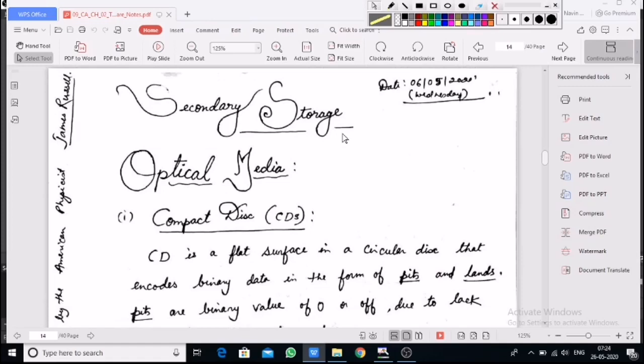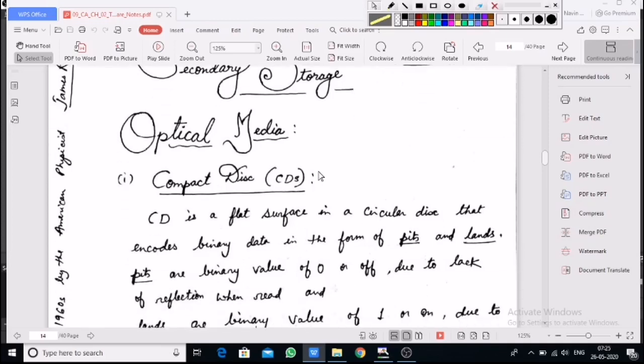That is magnetic storage. Now after magnetic comes optical in secondary storage devices. Secondary storage memory includes optical media, that means media in which data is written with the help of laser light, red laser or blue laser light.